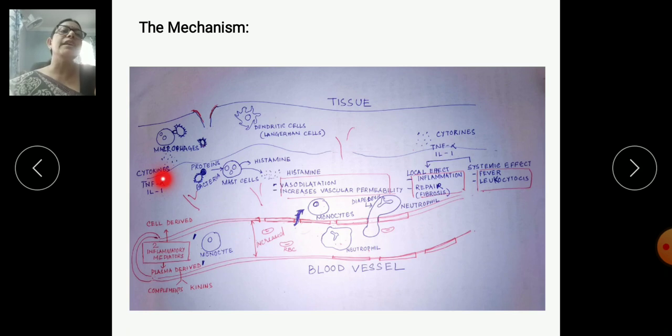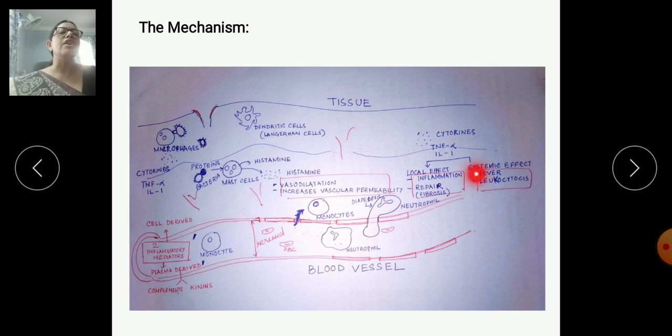Now these cytokines, wherever they are released, show two major activities: one is local effect and the other is systemic effect. The local effect is inflammation that you see immediately, and the second is the repair mechanism. After injury there will be repair of your wound, and this repair mechanism is caused by your cytokines.